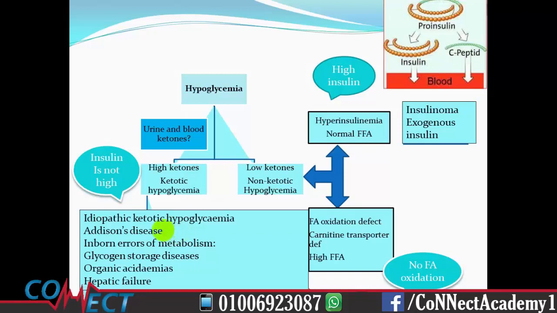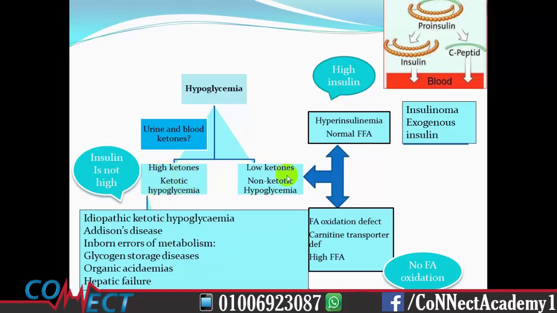These are examples of ketotic hypoglycemia. So in ketotic hypoglycemia, there is a problem with glycogen breakdown. That's why we jump to fatty acid oxidation directly after a very short period of fasting, and that's why we find ketones in the bloodstream. Ketotic hypoglycemia.